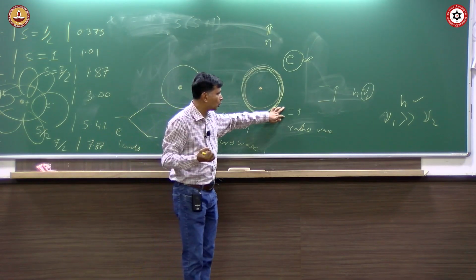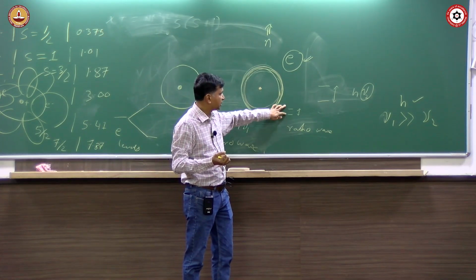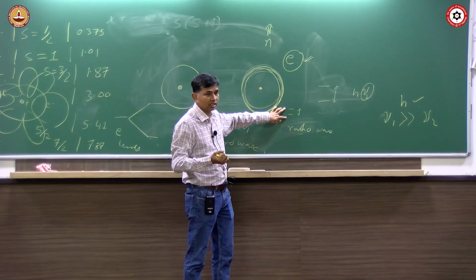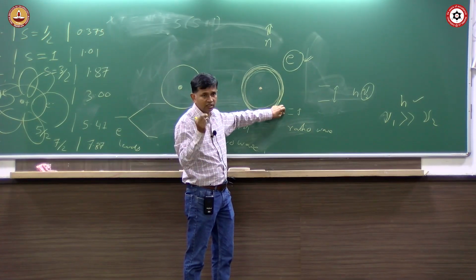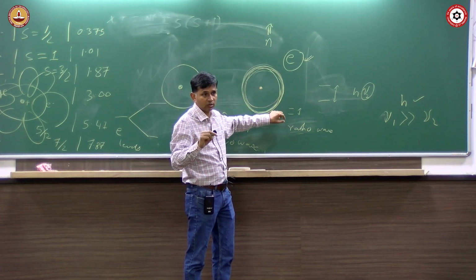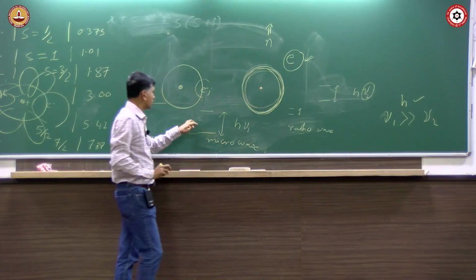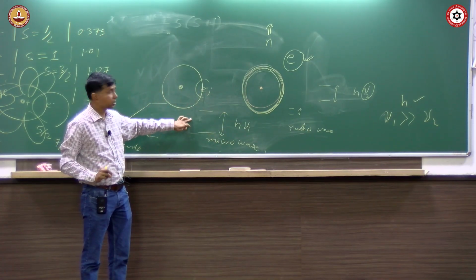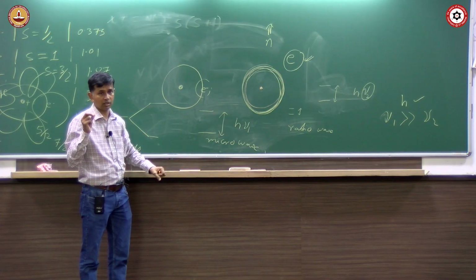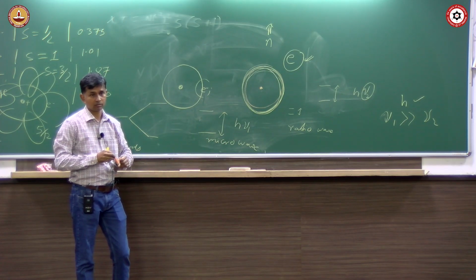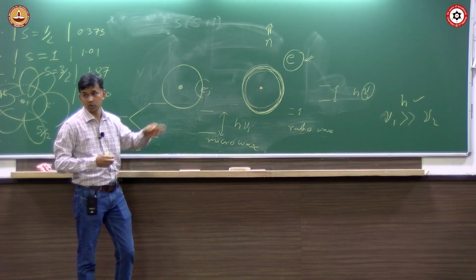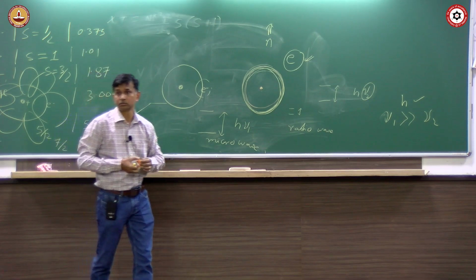Here the difference is so small that both levels are nearly equally populated, a tiny difference in population, and that's why the signal intensity is very small. Here the difference can be huge, so the sensitivity is higher.